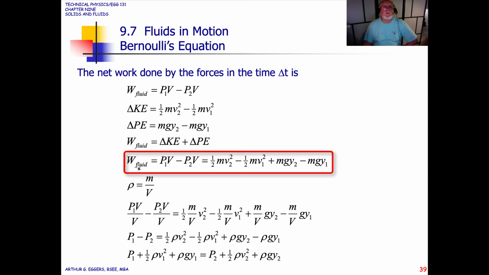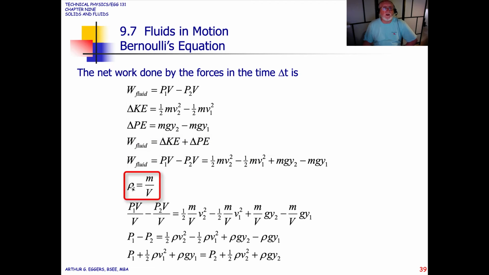So the work in the fluid, if we start with the first relationship up here, P1 volume minus P2 volume equals 1/2 mv2 squared minus 1/2 mv1 squared plus mgy2 minus mgy1. Okay, just pulling in our energy equations and using them where we will.